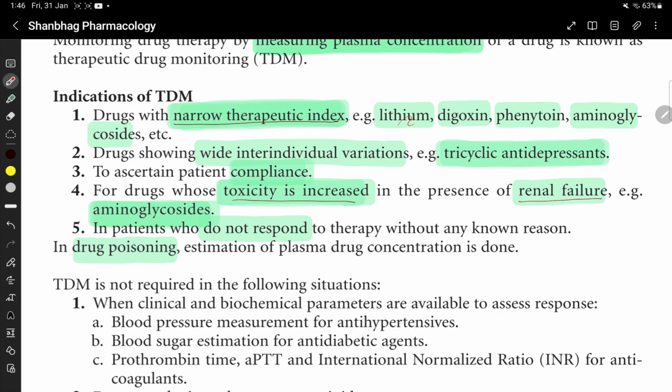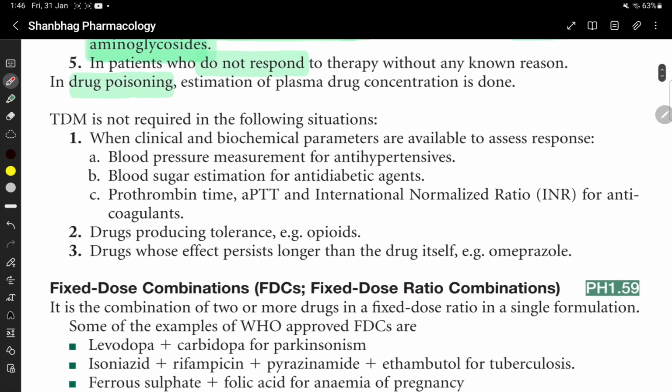So lithium, phenytoin, digoxin, aminoglycosides, and tricyclic antidepressants are certain drugs that require TDM.